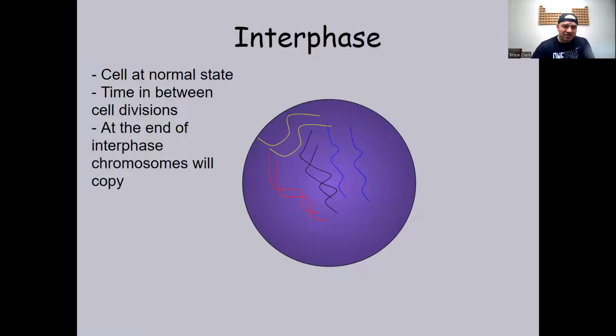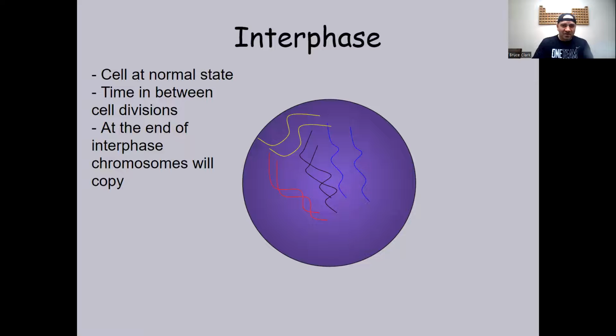Now, interphase is kind of a cheat, because interphase is actually the time when the cell is not dividing. A lot of people won't even include this in mitosis because this is just your cell doing cell things. This is your stomach cell being a stomach cell, a blood cell being a blood cell, a bone cell being a bone cell.